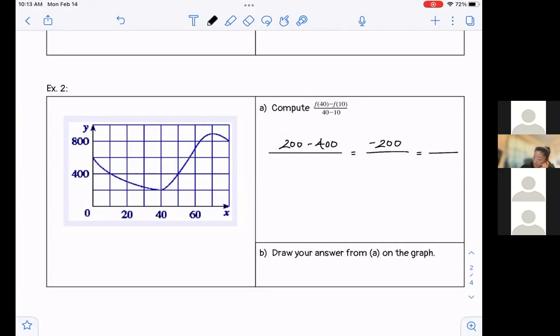And then in the denominator, we already have the 40 minus 10. That could be 30. Yeah. And then if we simplify this, we'll get negative 20 over 3. Great. All right. So computing things, putting them into play, but how do we draw this answer on the graph?